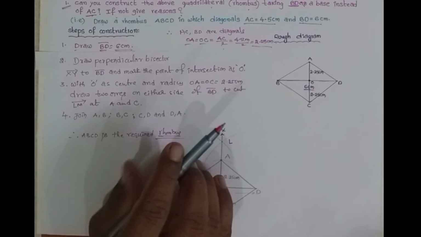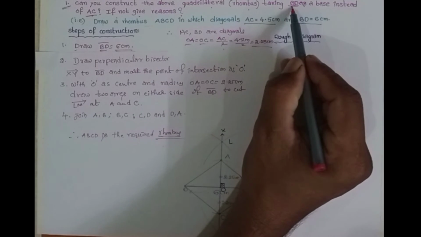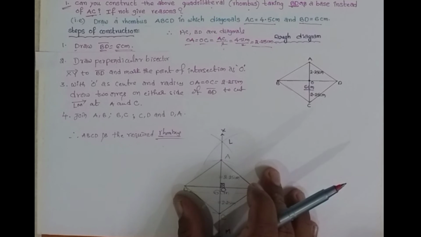Yes. So we can construct rhombus ABCD taking BD as base instead of AC as base.